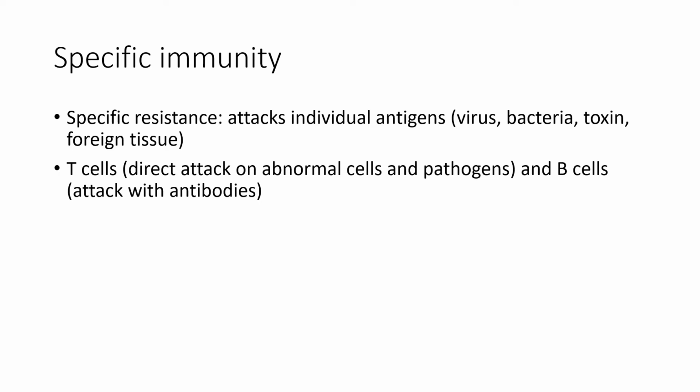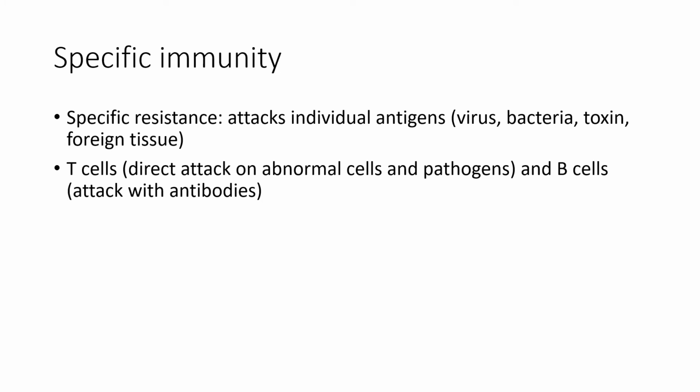Because every cell is going to have an antigen. Every single cell, no matter what it is, an amoeba, a virus, a bacteria, a water bear, whatever it might be, they have antigens on their cells. And if it doesn't match what needs to be there, it can't stay.